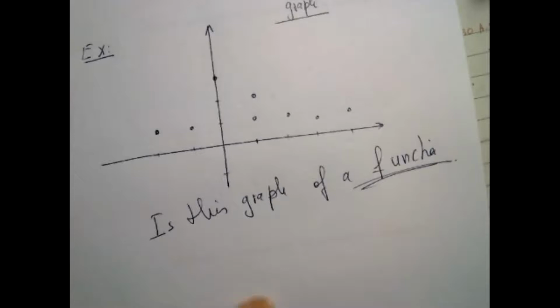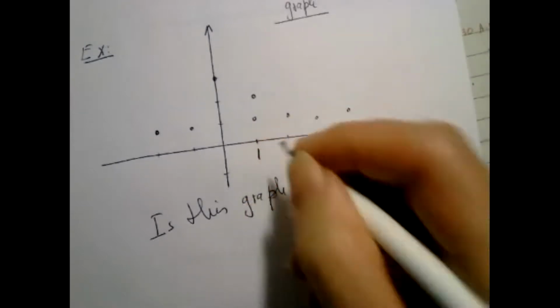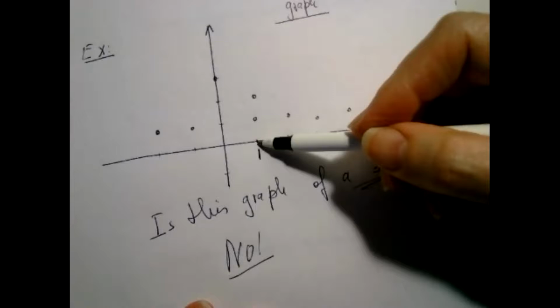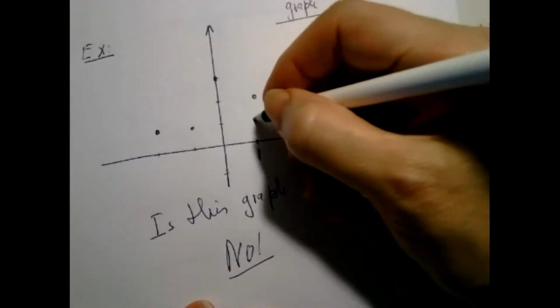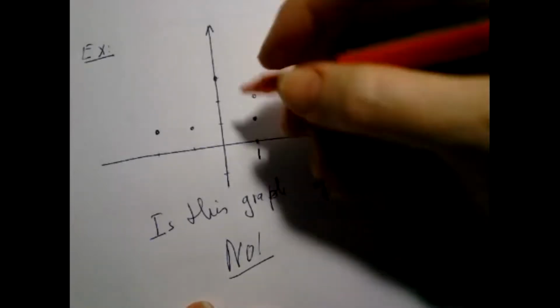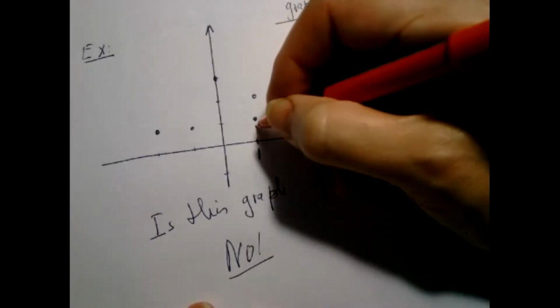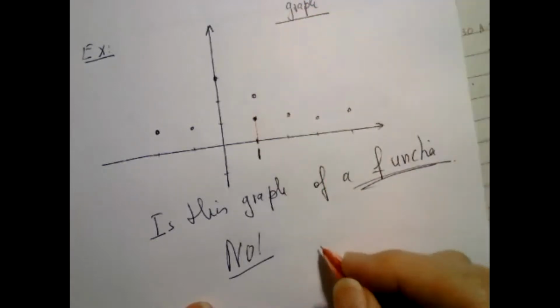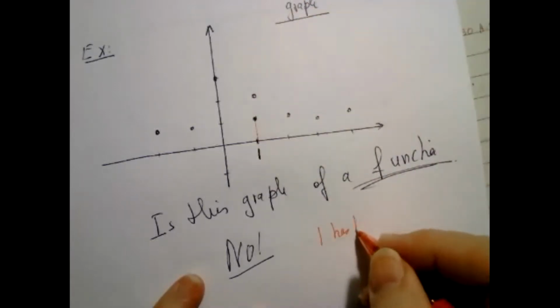Why yes, why no? Okay, Adriana, why no? Because one has two outputs. Exactly. It's absolutely no. Because if I ask what is f of 1, there are two dots here. If I take the vertical distance till I touch the graph, I can touch it here or here. So 1 has two outputs.